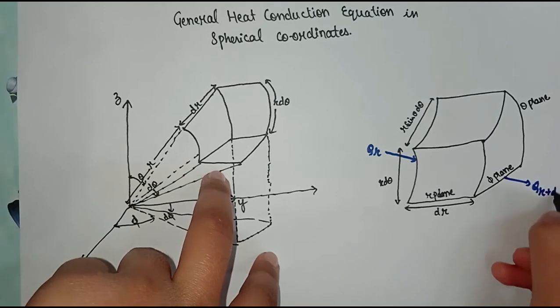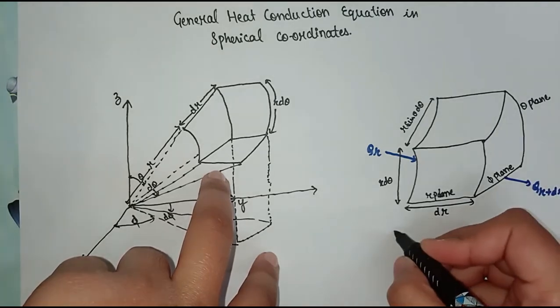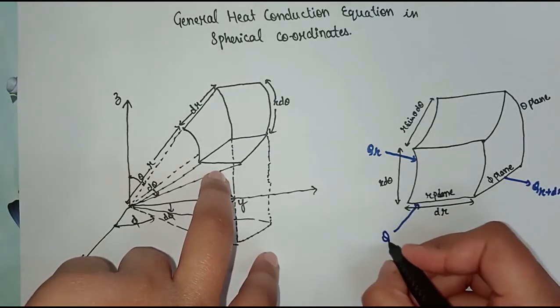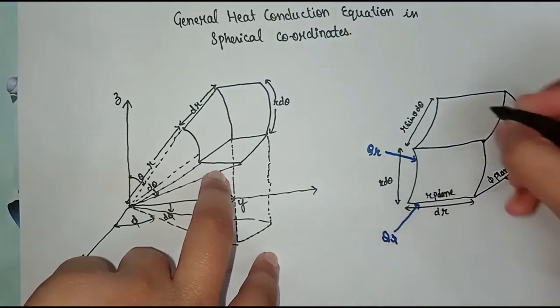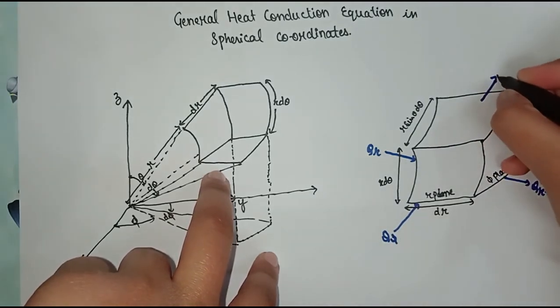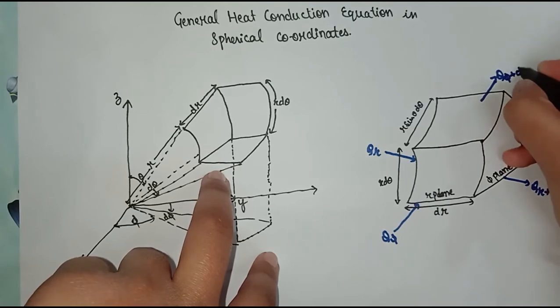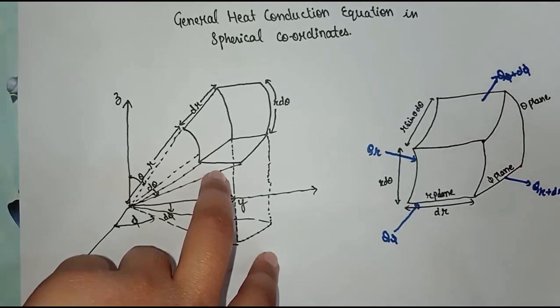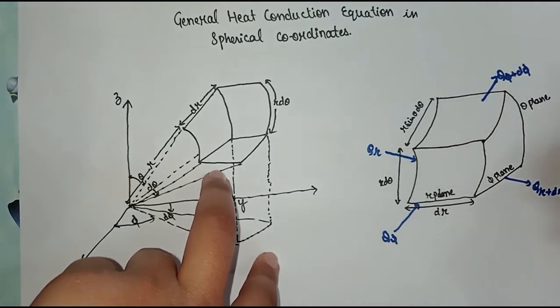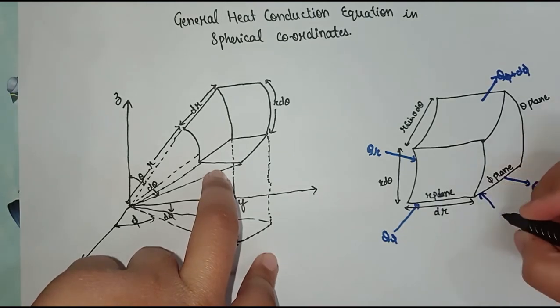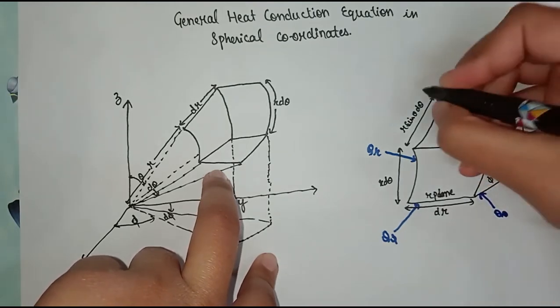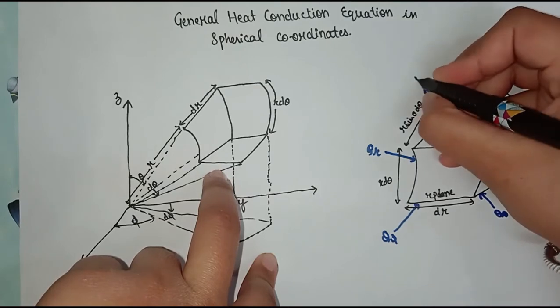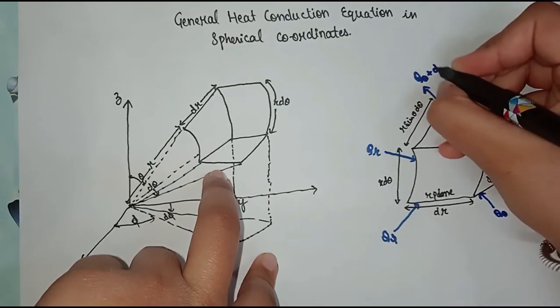In this direction, Qr heat will go inside and Qr plus dr heat will go outside. Here Q phi heat will go inside and Q phi plus d phi heat will go outside. And similarly in this direction, Q theta heat will go inside and Q theta plus d theta heat will come outside.